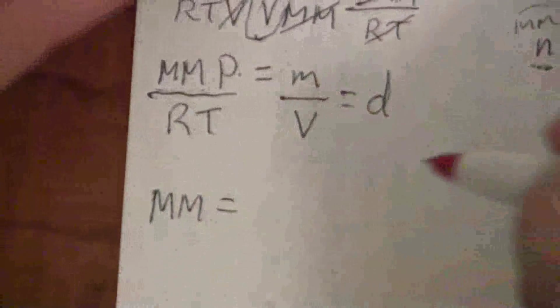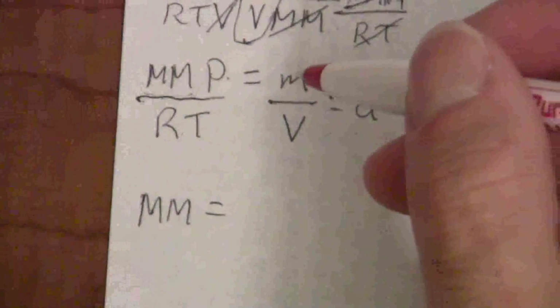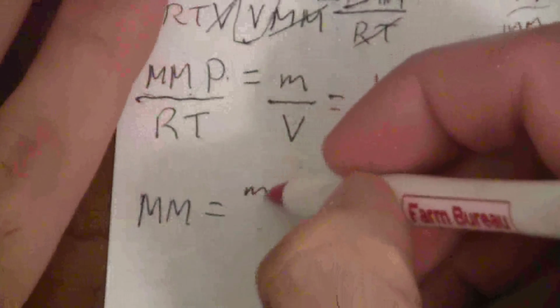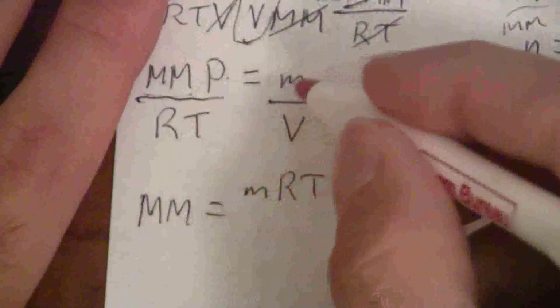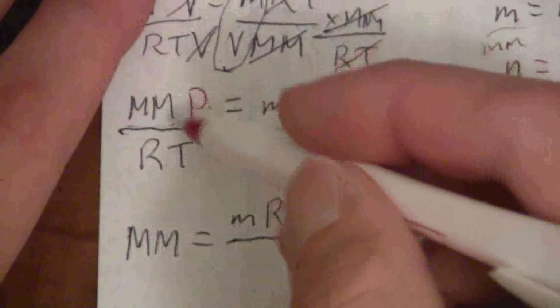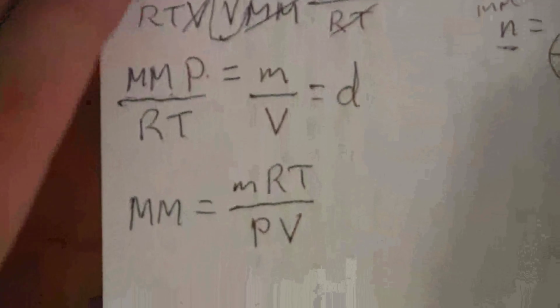Another thing I can do with this is determine the molar mass of a gas. I could say the molar mass of a gas is equal to the mass over volume times RT divided by P. So mass times RT, to move that back up to the top, kind of what I had originally, and then divided by the pressure and the volume.